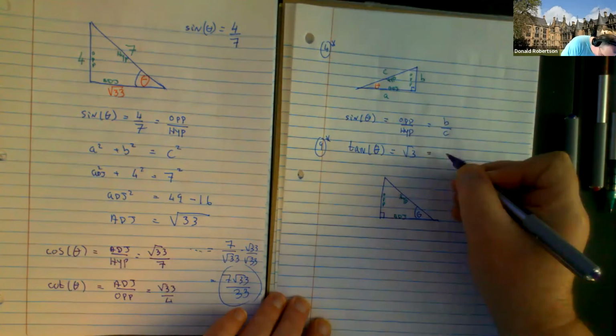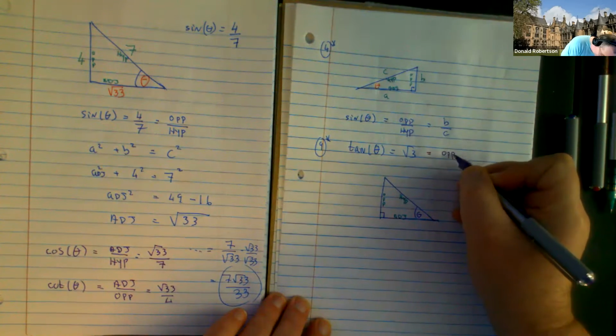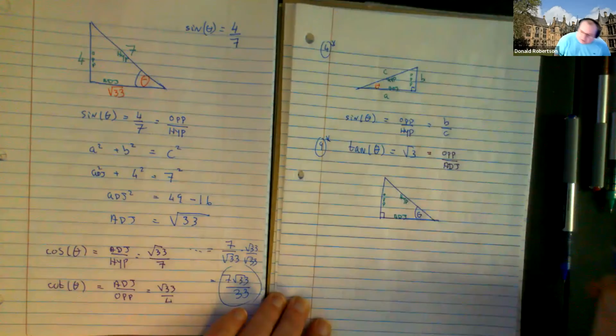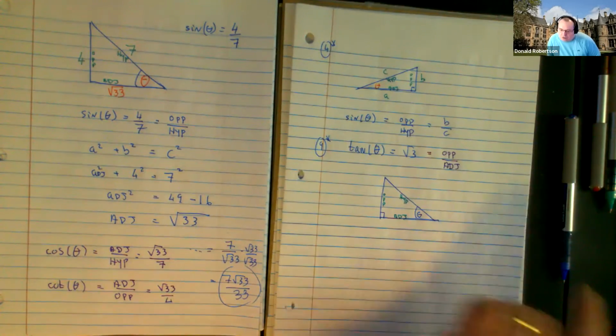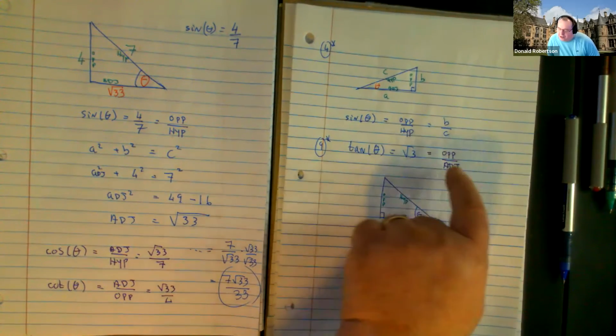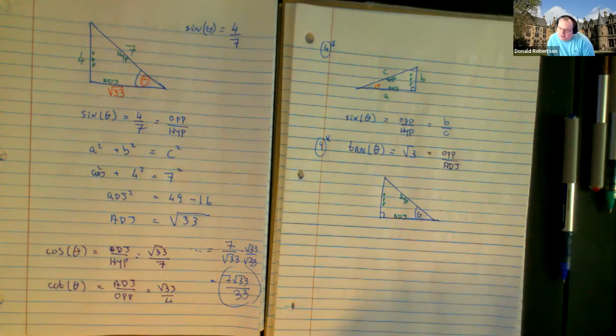The tangent is opposite, right, over adjacent. Agreed? And normally, shouldn't there be a fraction here? So the top guy is opposite and the bottom guy is adjacent. Right? But there is no fraction here. How do we get around that issue?